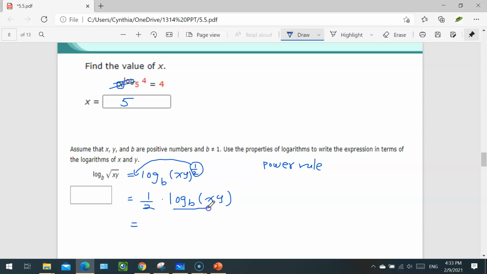Now, with the log base b of xy, we go with the product rule. So we can expand a single logarithm into two individual logarithms. We treat the half as a common factor. So now I'm going to rewrite log base b of x plus log base b of y. And then you stop here.